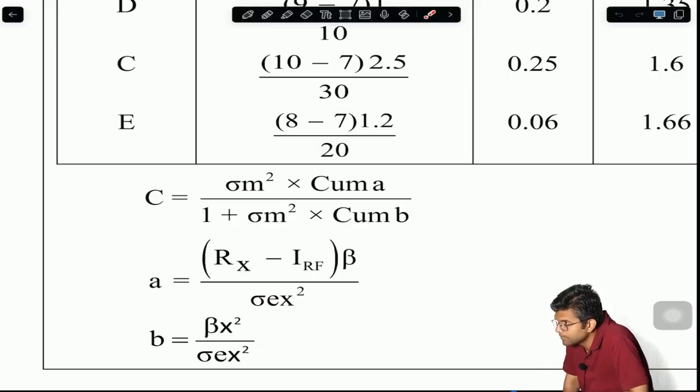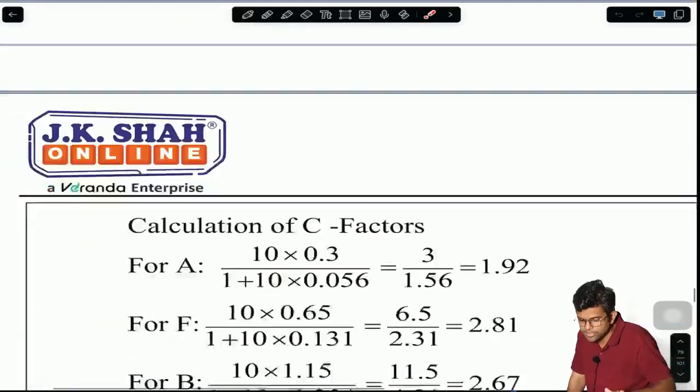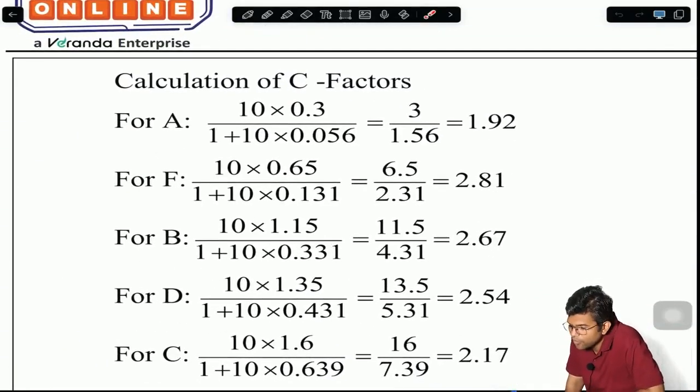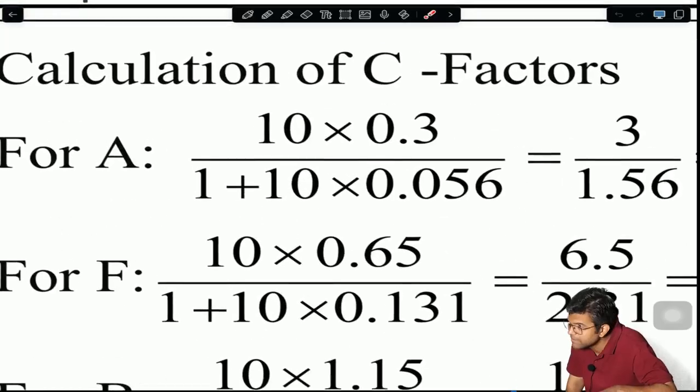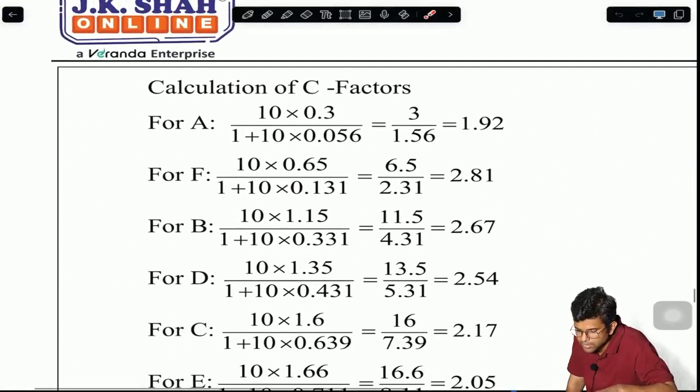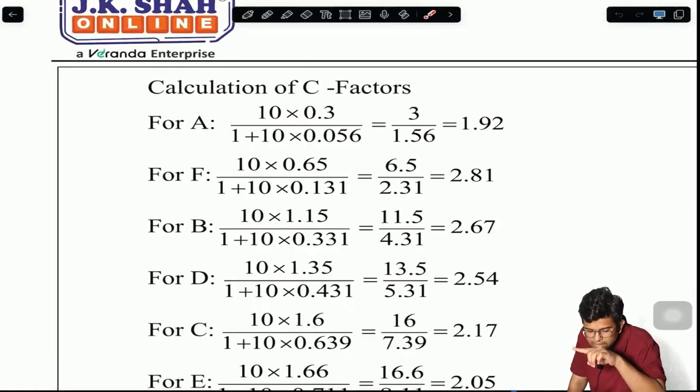All done? Now see how I am doing it. Take your time, read for A and for F, these two, and you'll understand everything. From where did I get 10? Sigma m square is given in the question. Into cumulative A, check in the row of security A, is the cumulation coming to 0.3?